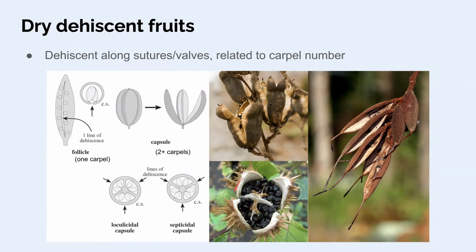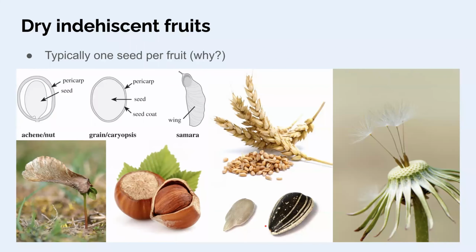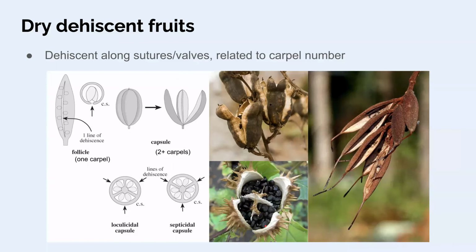As it matures, it dries and breaks open, and they're all made available to get out, and they'd all go their own way. These seeds don't necessarily need an extra protective layer. They can have a hard seed coat and still be quite protected against the elements and animals. But they are getting dispersed as seeds, whereas the indehiscent fruits got dispersed as fruits.